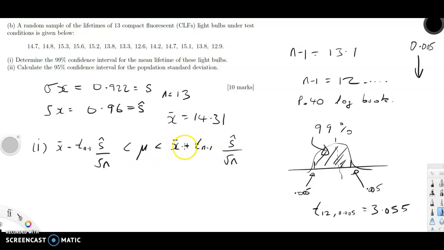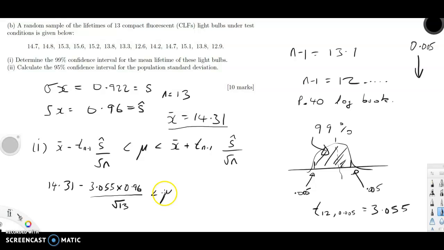We have x bar, that's 14.31. So now we're ready to fill this in. 14.31 minus 3.055 multiplied by s hat, which is 0.96, all over root 13.